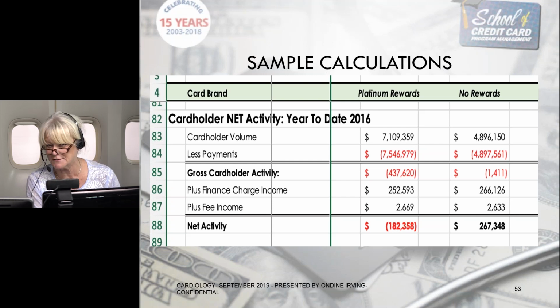Somebody asked me the best time to do balance transfer promos. Somebody also asked me, what do I think about 0%? But here we've got a credit union with a platinum rewards and a no reward program. You see on row 83, the cardholder volume for the entire year for the platinum rewards was 7.1 million.